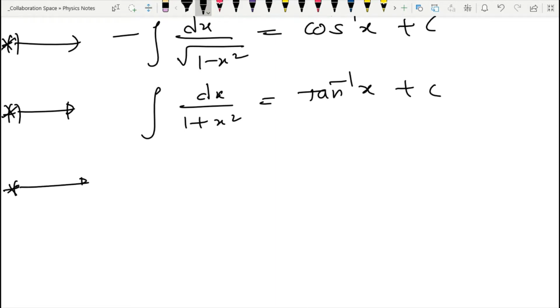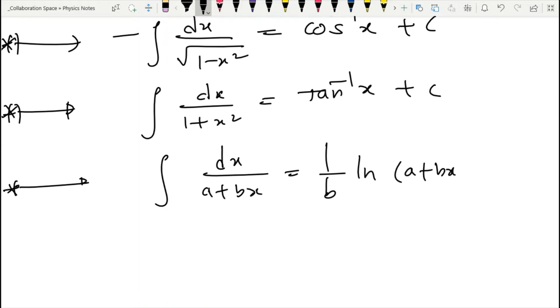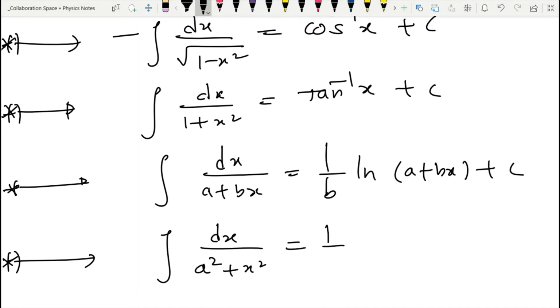Just see these formulas. Integration of dx divided by a plus bx is 1 by b ln a plus bx plus c. Suppose integration of dx divided by a square plus x square, you will get 1 by a tan inverse x by a plus c.